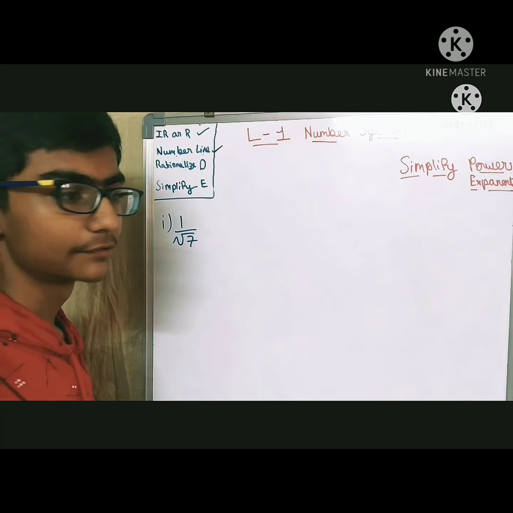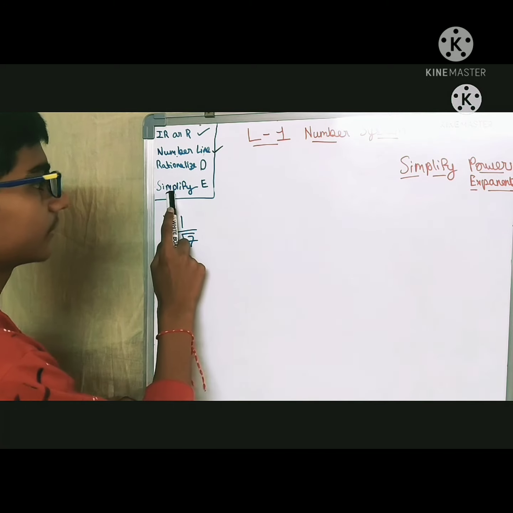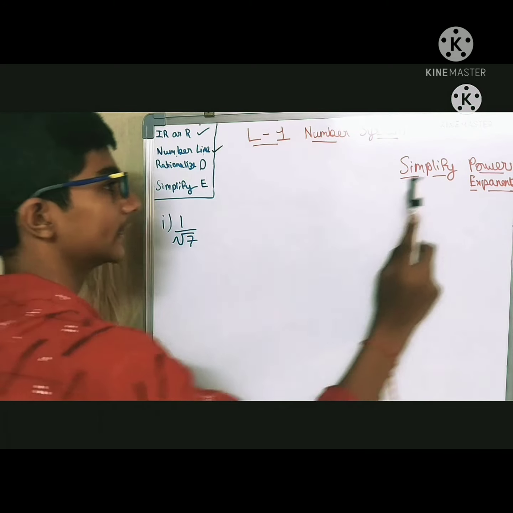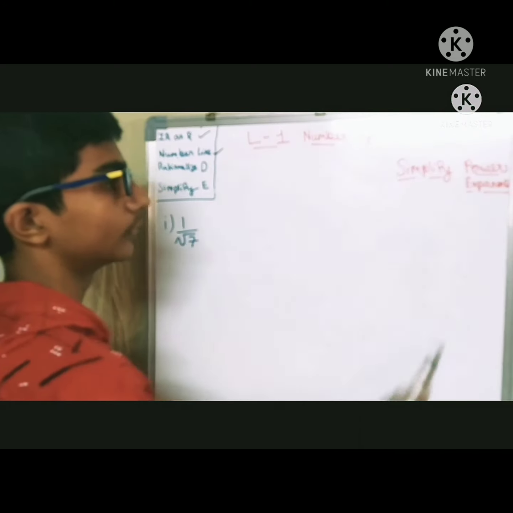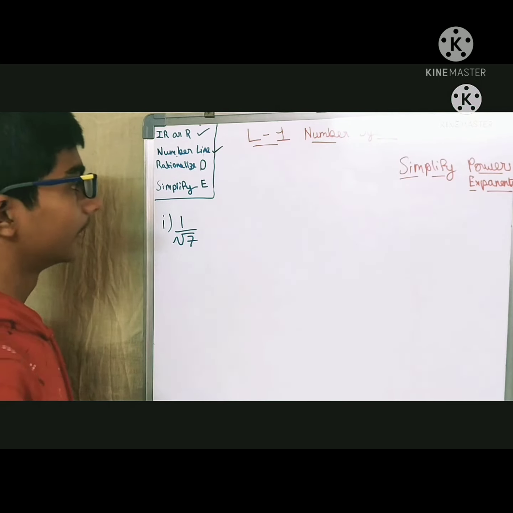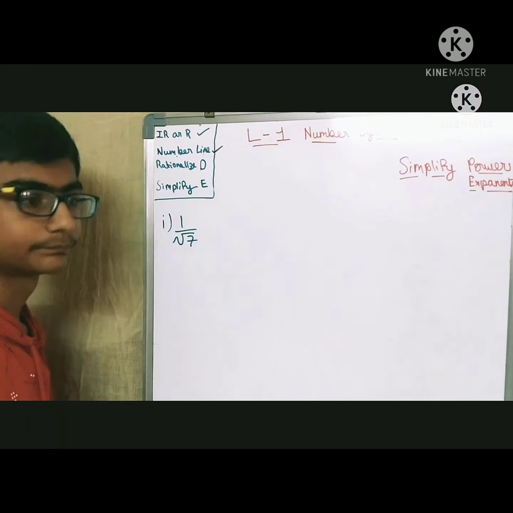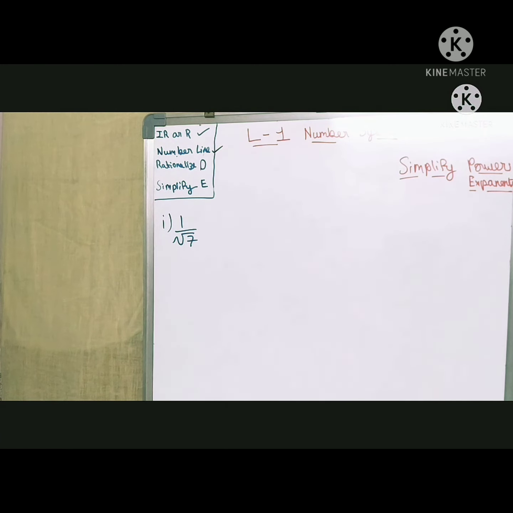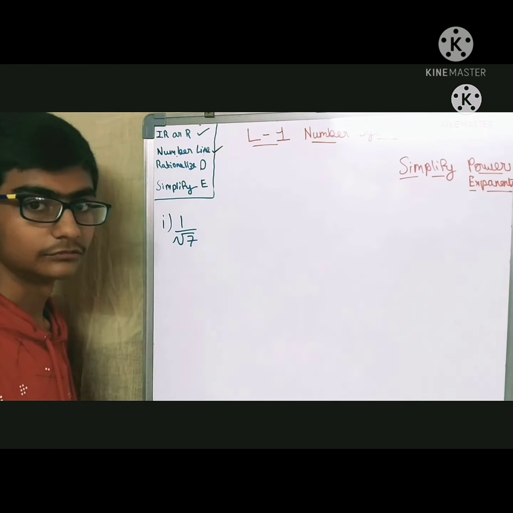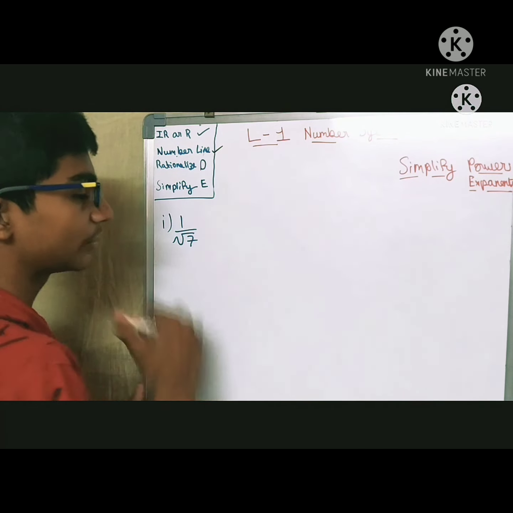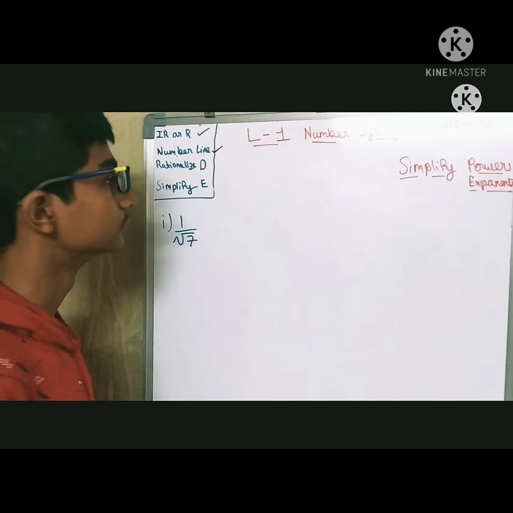Before starting with this, have you noticed I have written "simplify e" here and "simplify power exponents" here? Why? Because this e stands for an equation or expression, whatever you want to call it.